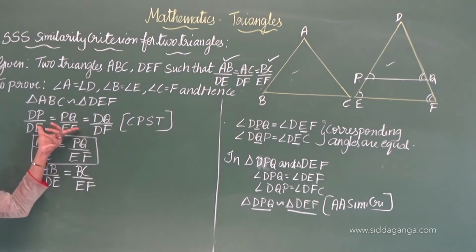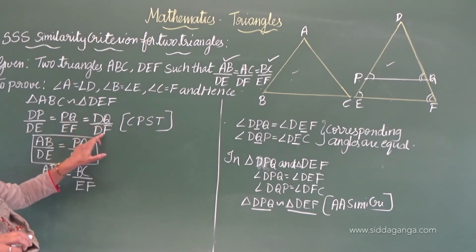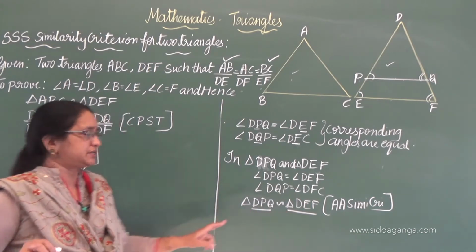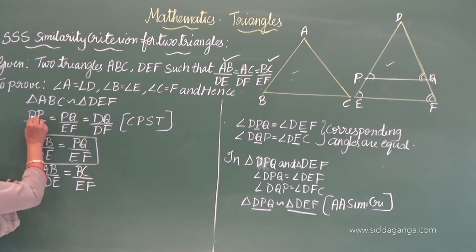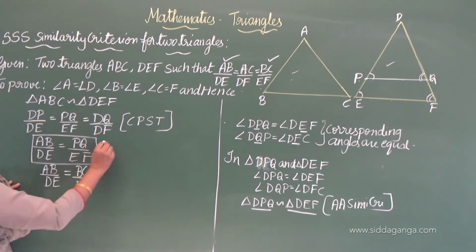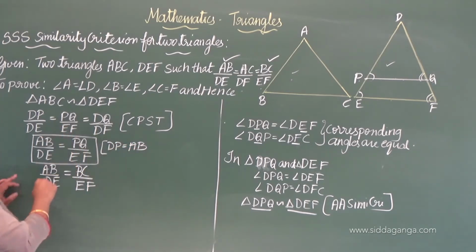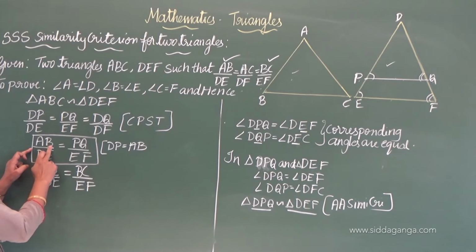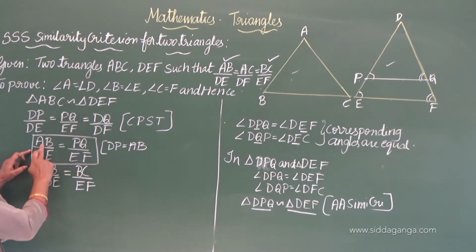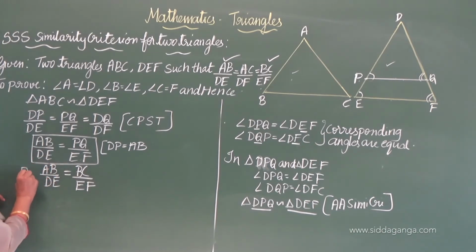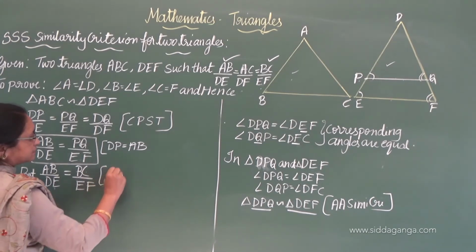Now once again I will explain from here. DP by DE is equal to PQ by EF is equal to DQ by DF because of this AA similarity criteria. Now here DP can be replaced by AB, because DP is equal to AB, so AB by DE is equal to PQ by EF. But AB by DE is also equal to BC by EF, given.